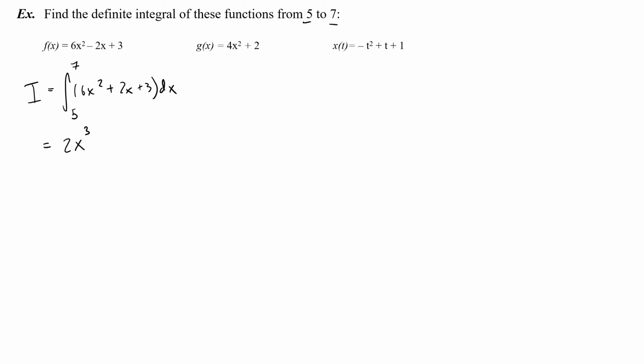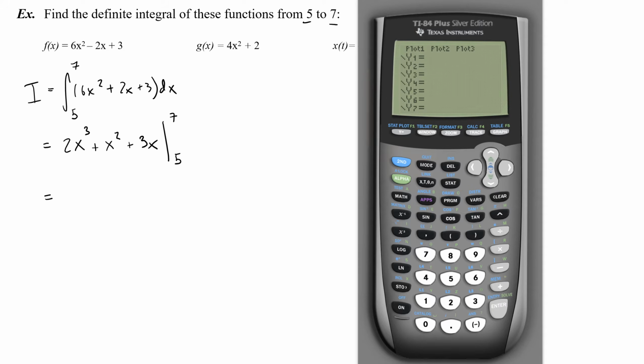So 2x cubed plus, this is going to be x squared plus 3x. Remember, I don't need to add plus c because it's going to get canceled out after I do this evaluation from 5 to 7. Okay, now at this point I can plug in the numbers, but I'm just going to use my calculator to check what this answer is.